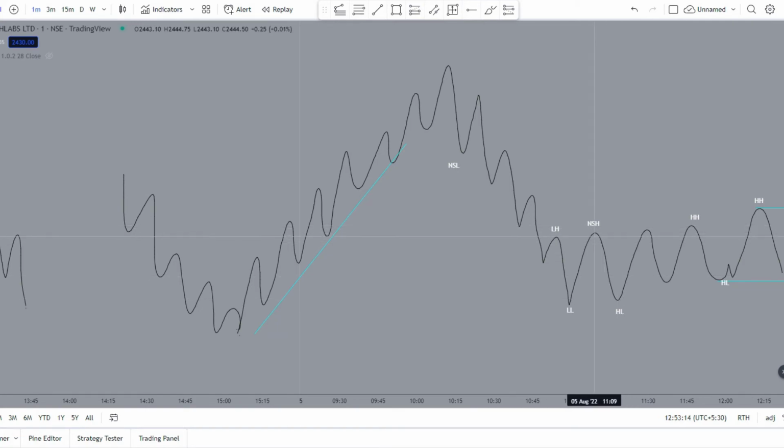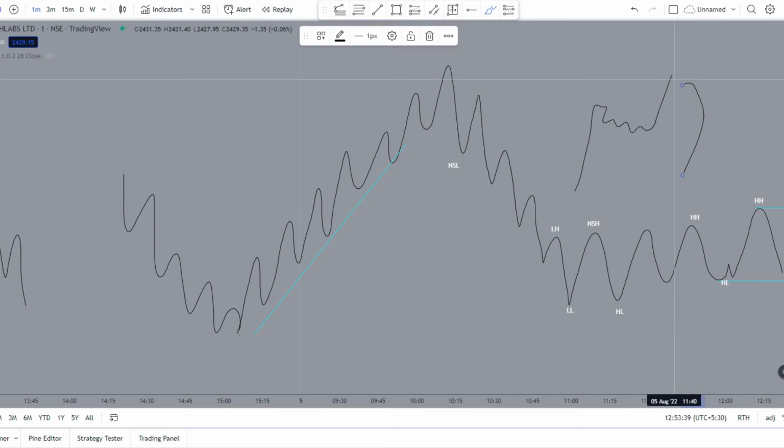The strength of the pullback will decide how far this correction will be coming to the downside. If the correction is very small, it may move up from here. If the correction is very steep, went up and went down, then there is a possibility that it will be moving quite down.